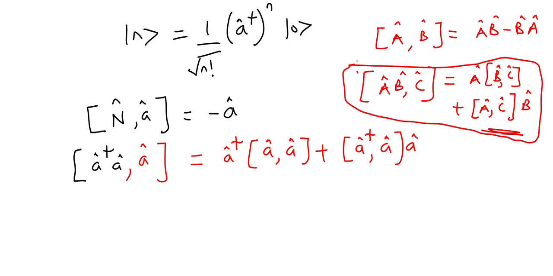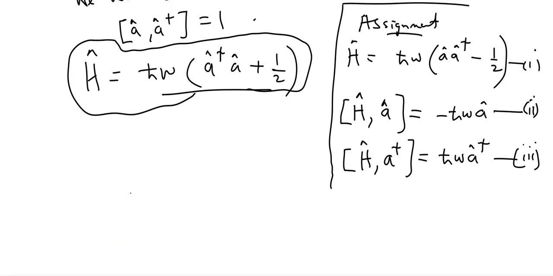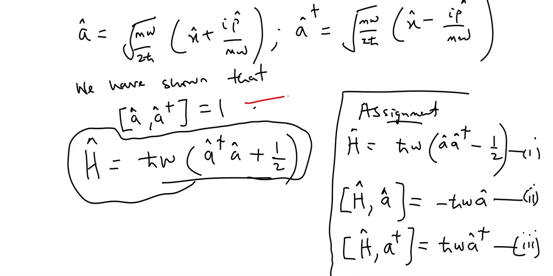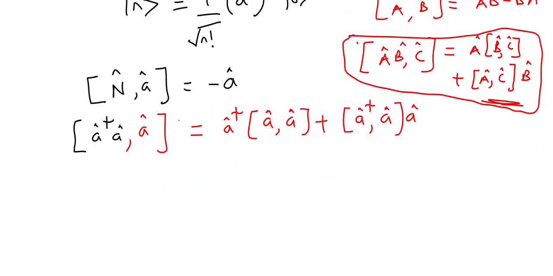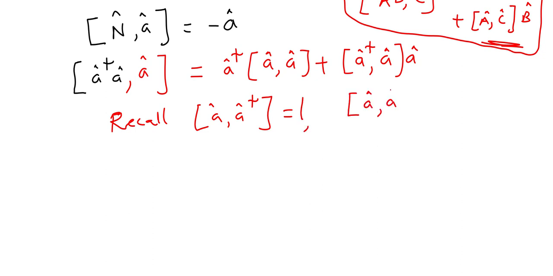Now we learned in our last class, let me call it equation star, that the commutator of a and a dagger equals 1. So recall that the commutator of a with a dagger equals 1. It means that the commutator of a dagger with a will be minus 1.